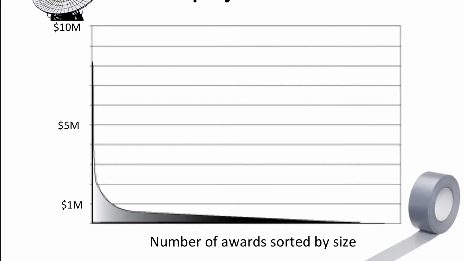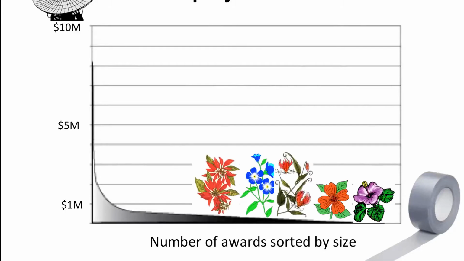My dissertation research, which used a lot of duct tape and other things you can buy in the hardware store. So lots of projects that are smaller budgets. And this is structured this way for really good reasons. I mean, the idea is this, let many flowers grow, where lots of projects can prosper and lots of new ideas can grow in this sort of space where we have many, many smaller awards.